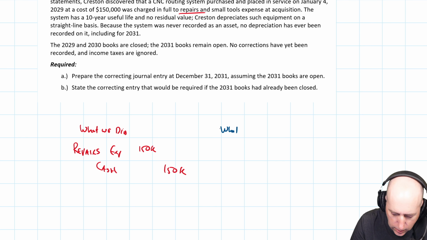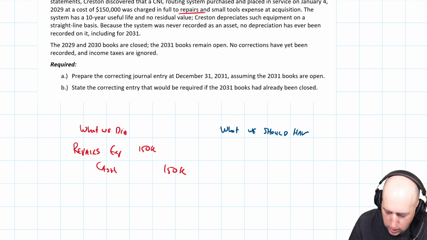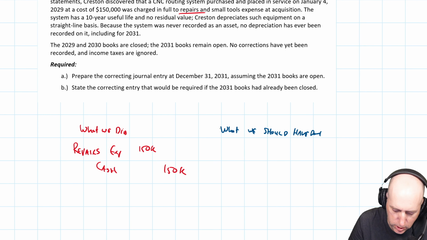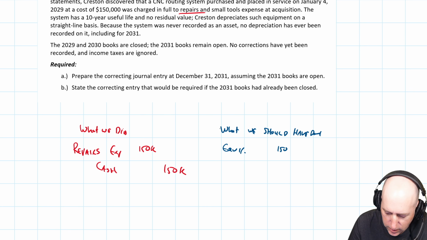But here's what we should have done, which is debit, I'm going to call it equipment, CNC machine, equipment, $150K, credit cash, $150K.